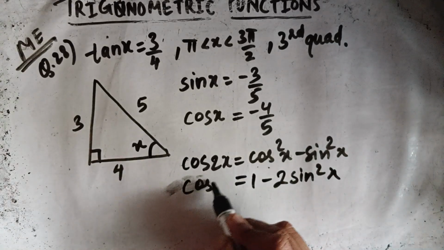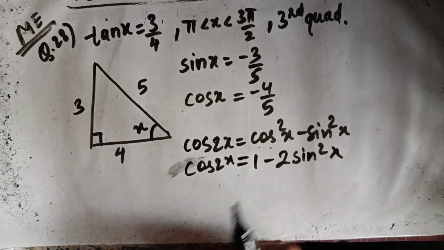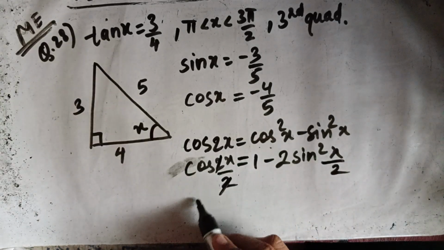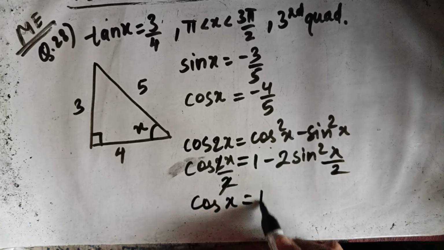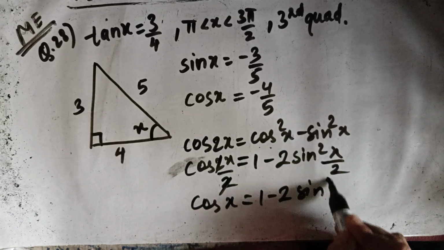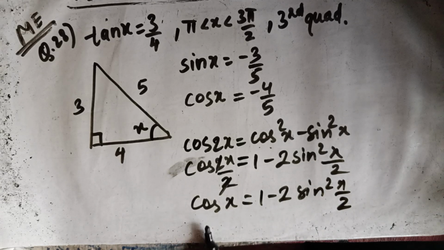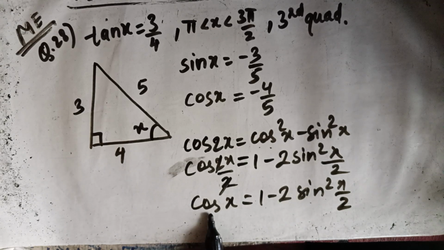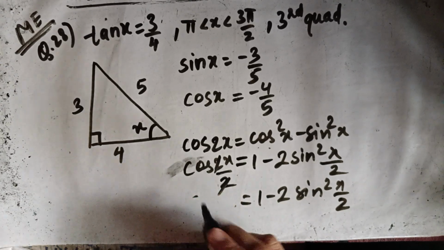Now I'll make the angle half. So we get cos x equals 1 minus 2 sin square x by 2. Through this formula, you will get the value of sin x by 2. cos x is minus 4 by 5.